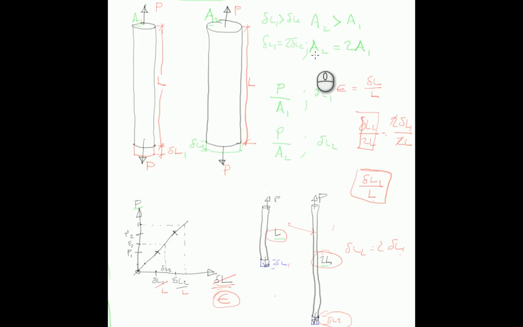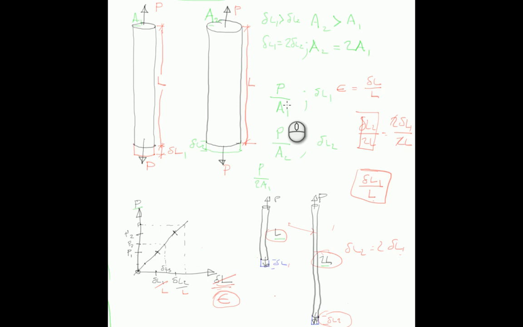And we find that if we substitute for A1 for A2 in here, we find that P over A2, which is the same as P over twice A1, so P over 2 times A1, for that situation gives rise to a change in length, delta L2, where delta L2 is half of delta L1, or delta L1 is twice delta L2.